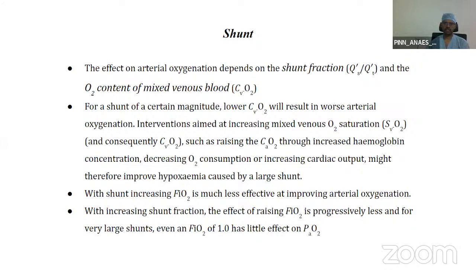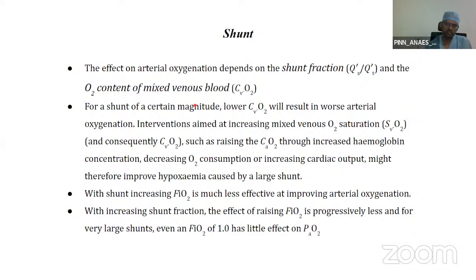So the effect on arterial oxygenation depends upon the shunt fraction as well as the oxygen content of mixed venous blood. Why? The effect on arterial oxygenation depends on the oxygen content of mixed venous blood also, because in case of hypoxemia, we know that tissues extract more oxygen from the systemic circulation, which causes a drop in mixed venous oxygen tension.